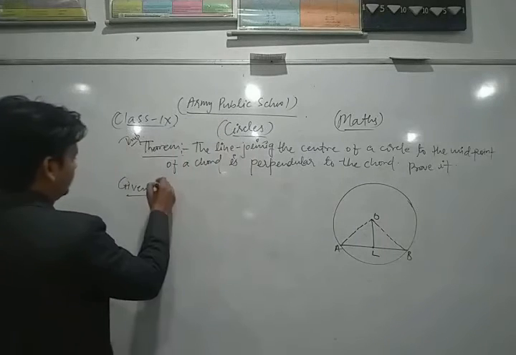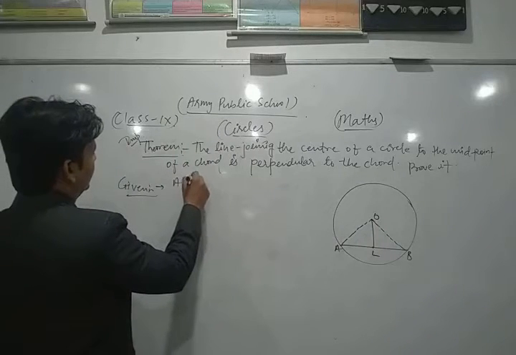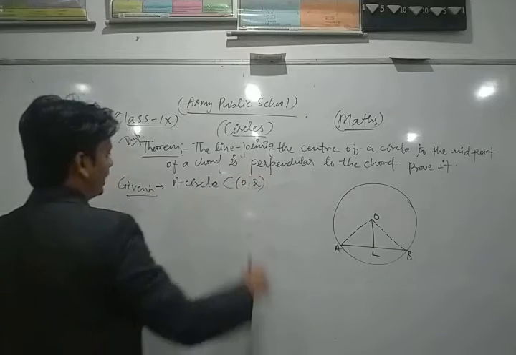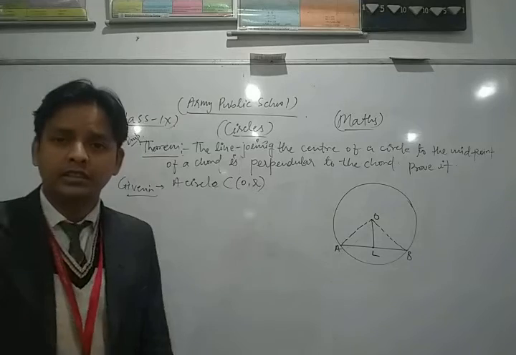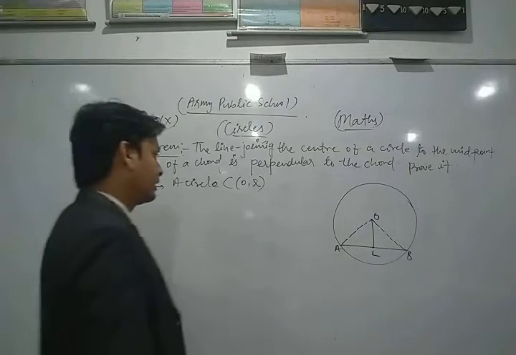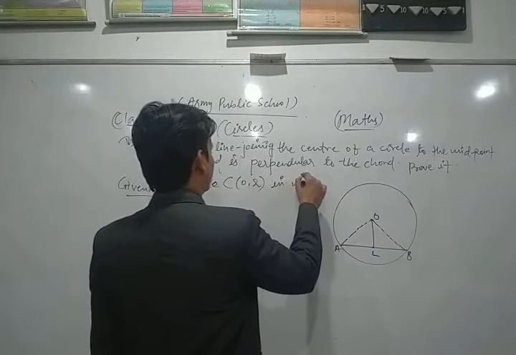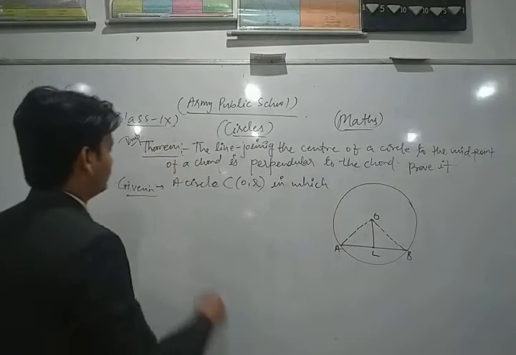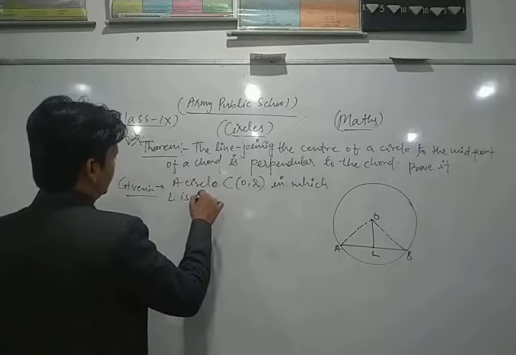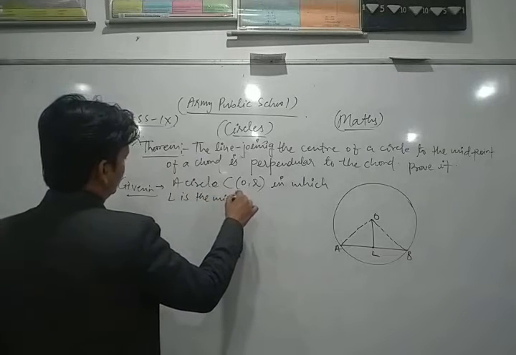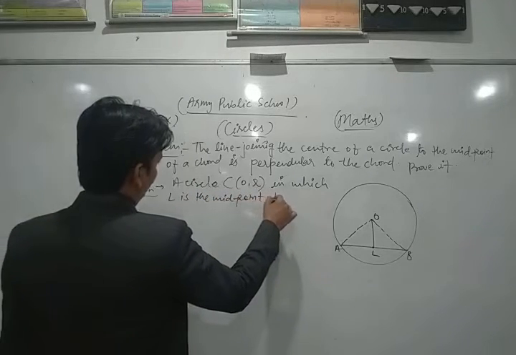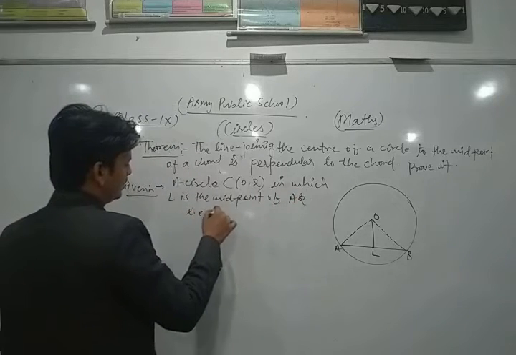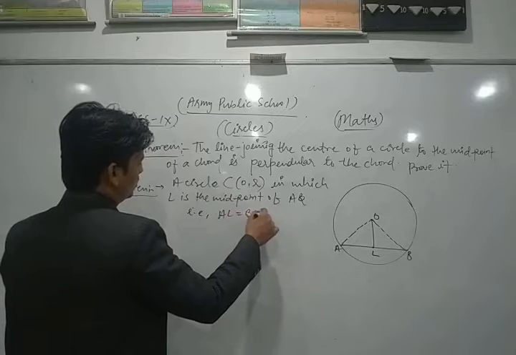Now, given a circle C with center O and radius R, in which L is the midpoint of AB, that is AL is equal to BL.